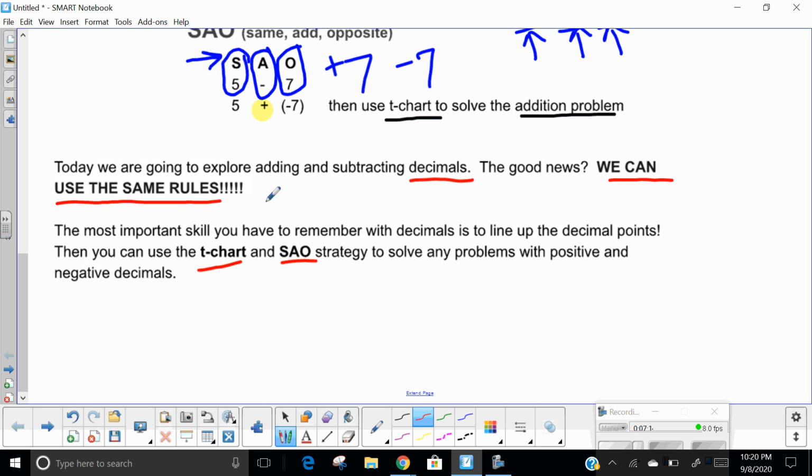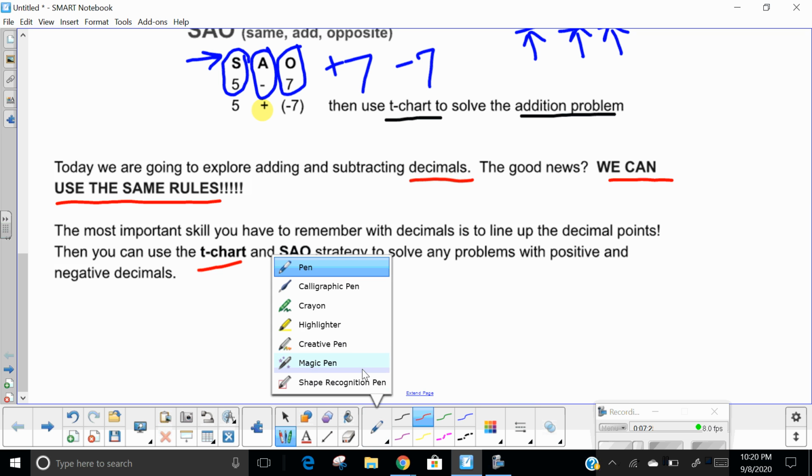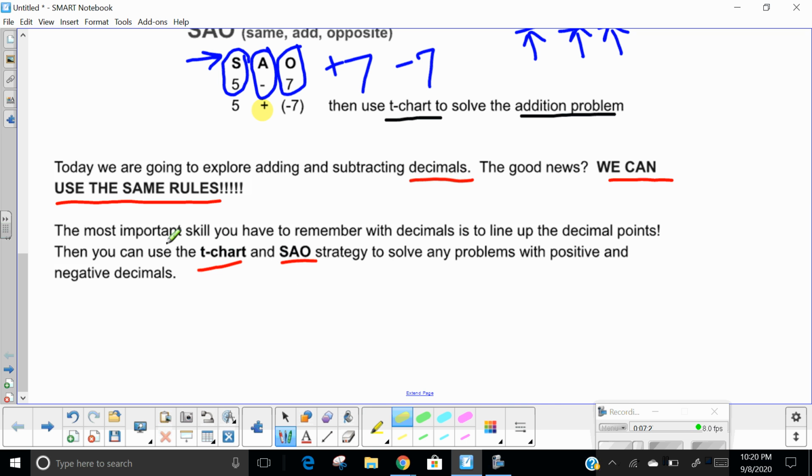We get to use those same techniques when we're adding and subtracting with decimals. However, the biggest key you have to remember is this: whenever you're adding and subtracting decimals, you have to make sure that the decimal points are lined up.